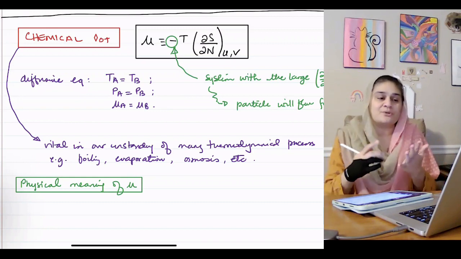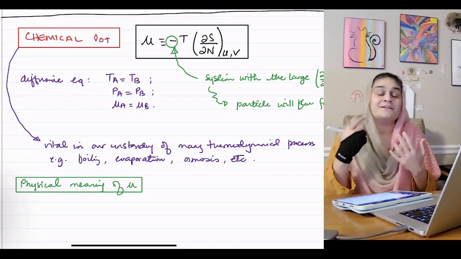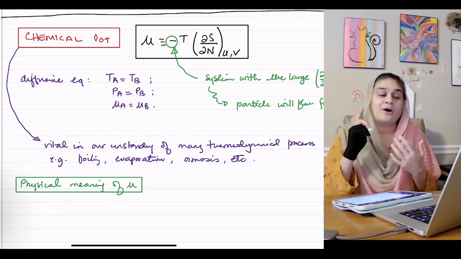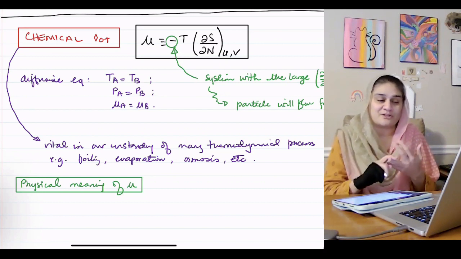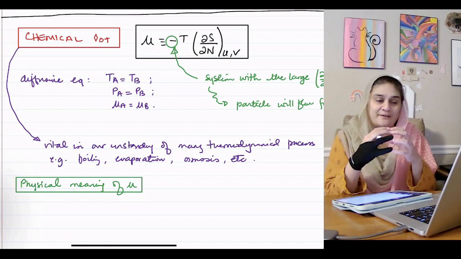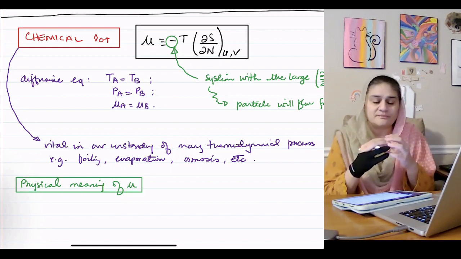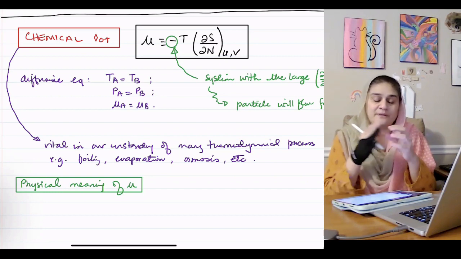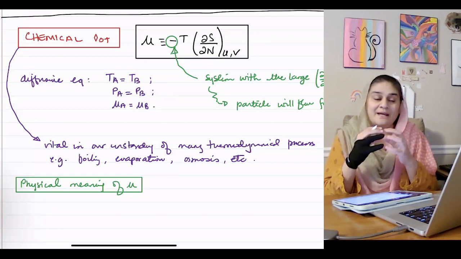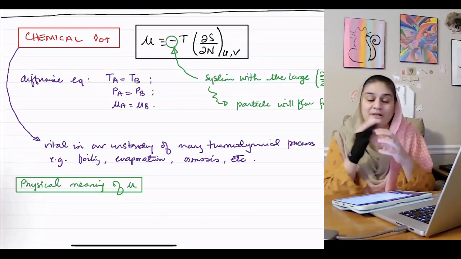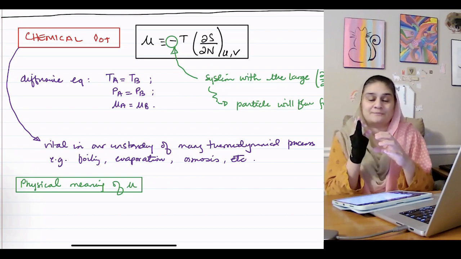Suppose you have two containers of gas that make up systems A and B at different chemical potential, and system A is at a higher chemical potential with respect to system B. When you put them together and allow them to exchange particles, say, for example, if there was a valve between them, you open the valve, there will be a net exchange of particles until both reach the same chemical potential.